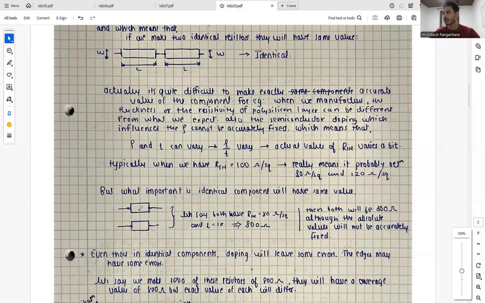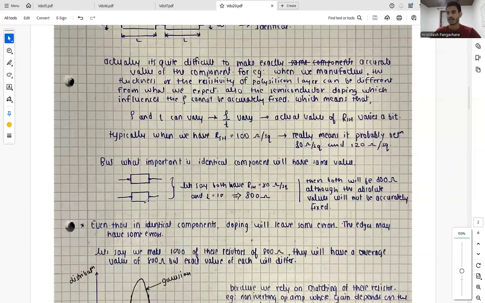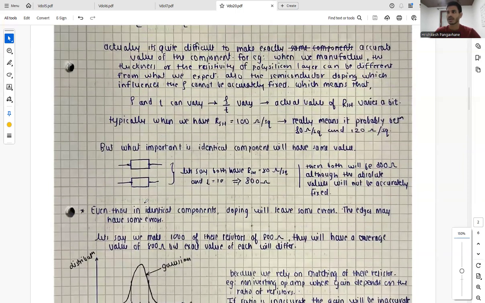Even though both will be 800 ohms, the absolute values will not be accurately fixed, and can vary due to the sheet resistance. So the two are identical, but their absolute value might differ a little while making them. Even in identical components, doping will leave some errors and the edges may have some errors.